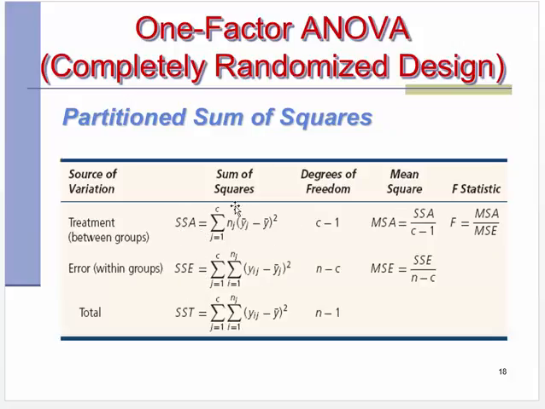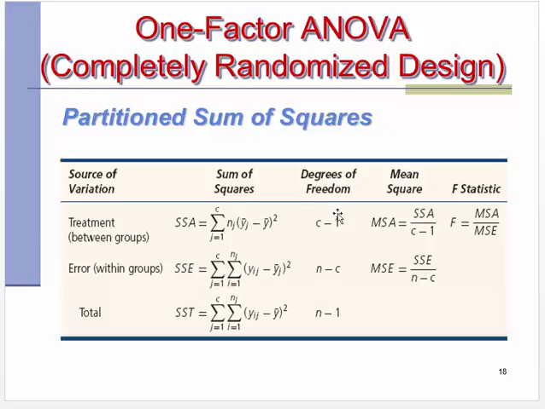You add these two together and you get SST, the sum of squares total. The degrees of freedom for SSA is C minus 1, where C is the number of treatment groups. N minus 1 is the degrees of freedom for SST, where N is the total number of observations. For SSE, the degrees of freedom is N minus C.